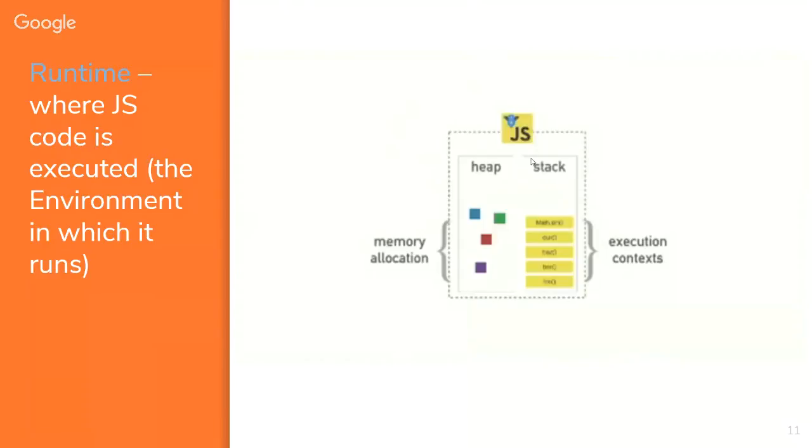Here is where your stack frames are and all that kind of stuff. Here you can see functions being called and execution contexts. That's something we'll learn about next week. It's about the scope of where code is run, but right now we'll focus on the stack.